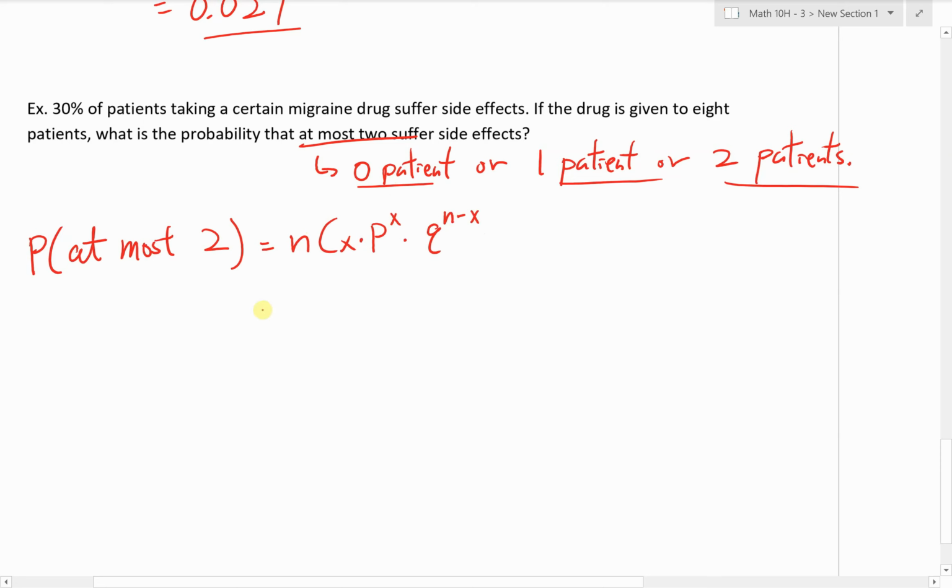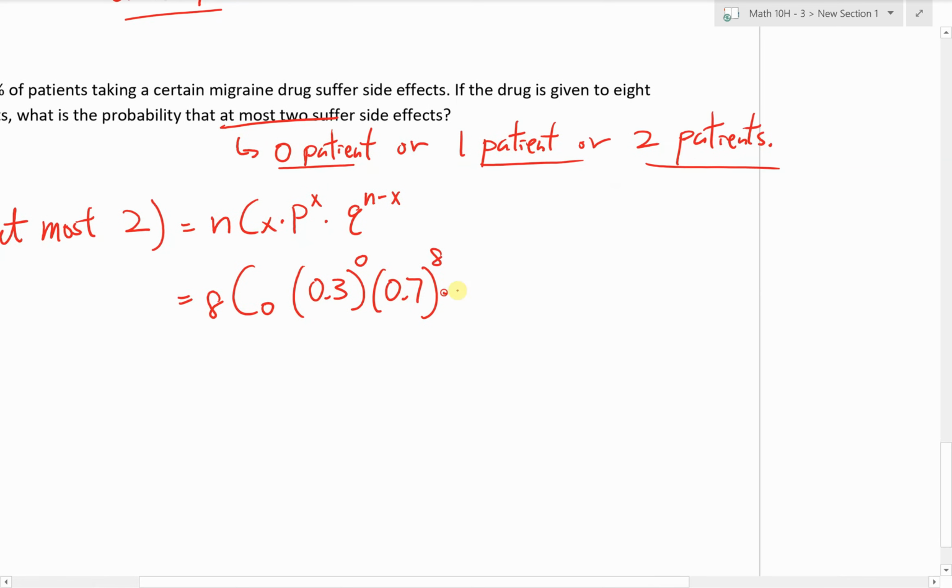In this case, we have 8 patients. We don't want anybody to have side effects. The probability of having side effects is 0.3, right, 30%, to the power of 0, times not having side effects, which is 70%, and we want this to happen 8 times. Okay, does that make sense?